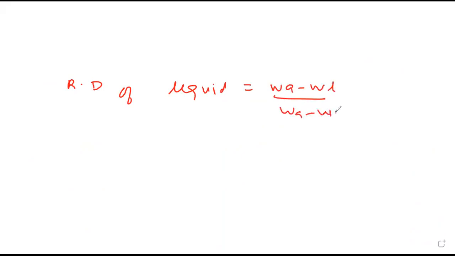Write this formula 5 times first. Relative density of liquid, write 5 times, otherwise you'll forget. Relative density of liquid is weight in air minus weight in liquid upon weight in air minus weight in water. Write this 5 times.